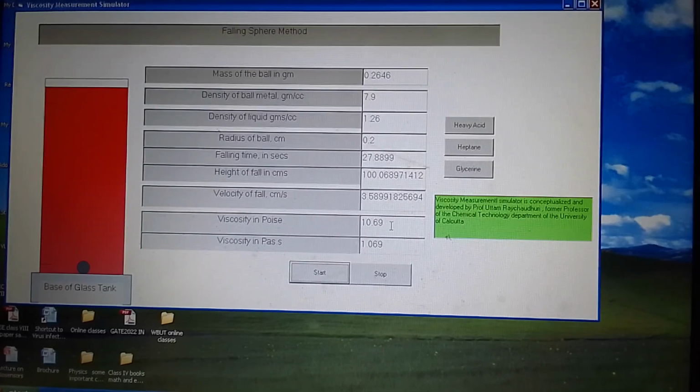So we obtained a viscosity of around 10.69 poise here, and in Pascal second it is 1.069, so one-tenth. So we obtained the viscosity like this.